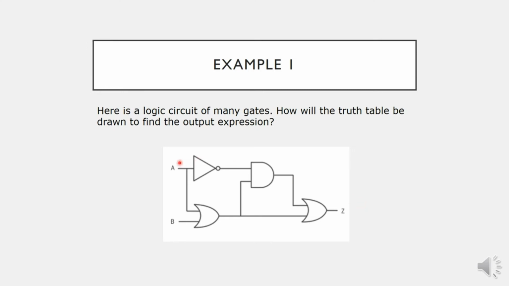If you look at this, we realize that we have input A, input B, and output Z. So we have 2 inputs and 1 output here.